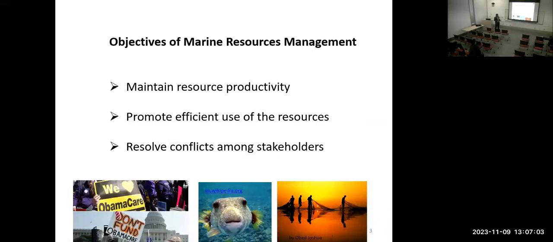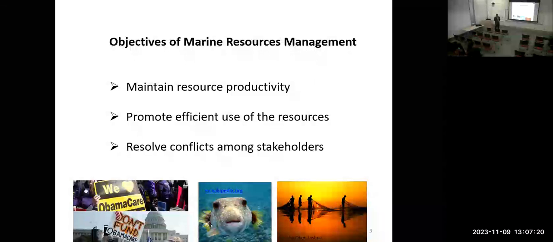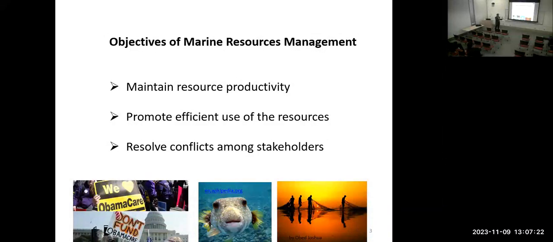Yeah. So when we talk about anything, we always start with what would be the objective. For marine resources management, I think there are three objectives here. One is you want to maintain resource productivity, right? You want to make sure you don't deplete your population, and that the productivity is going to sustain for a long time, right? And at the same time, you also want to take the opportunity to utilize these resources.